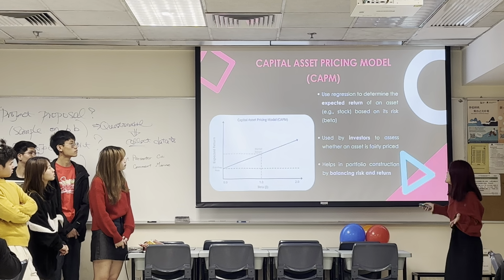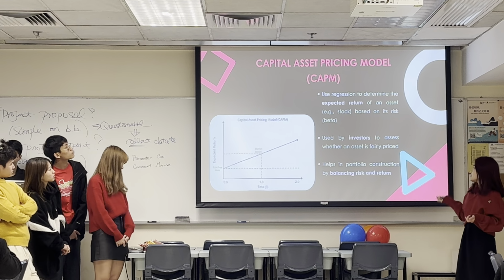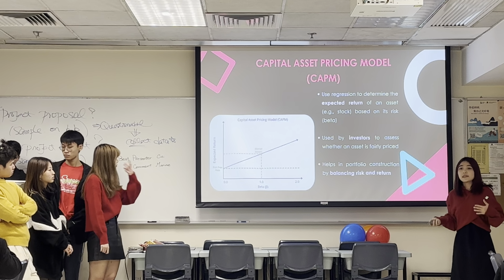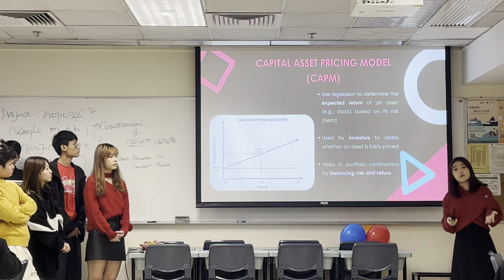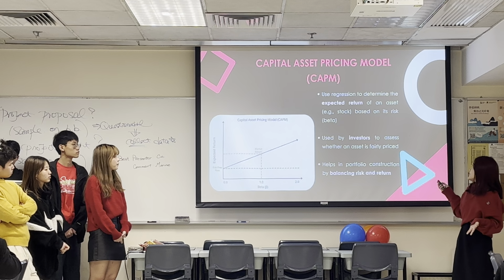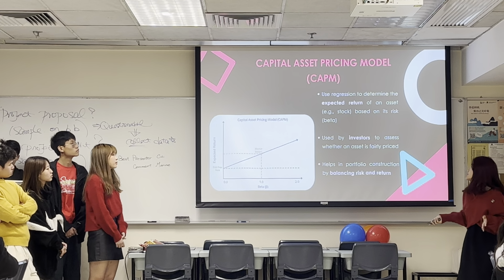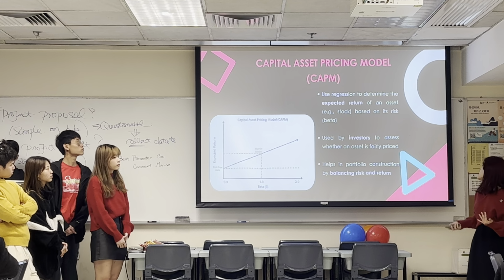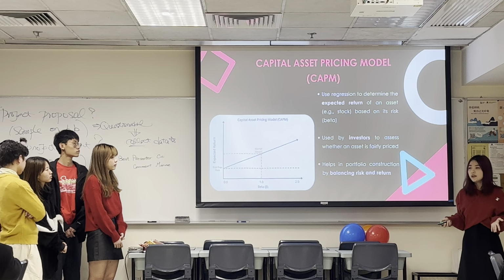So, okay. The next thing is, when will regression be used by companies or investors? We will see the Capital Asset Pricing Model, CAPM. It's basically using regression to determine the expected return.